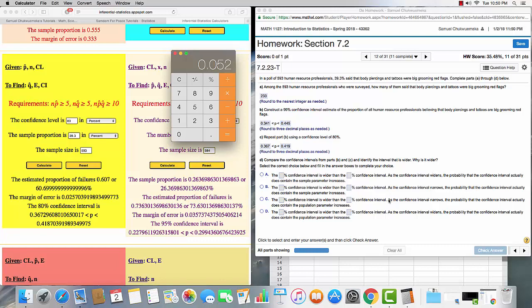So A is out. B, as the confidence interval narrows, the probability that the confidence interval actually does contain the sample parameter. Okay, this mentions sample parameter again. We knock it off? No. We say sample statistic, not sample parameter.